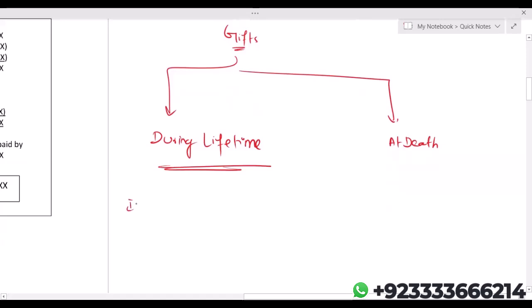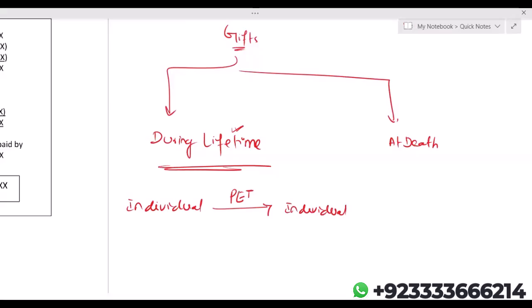A gift from one individual to another individual during the lifetime is a PET, potentially exempt transfer.